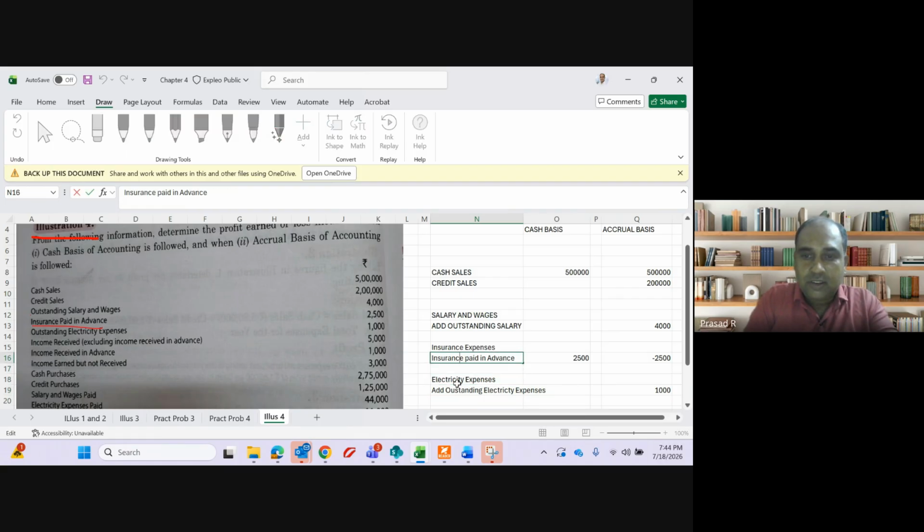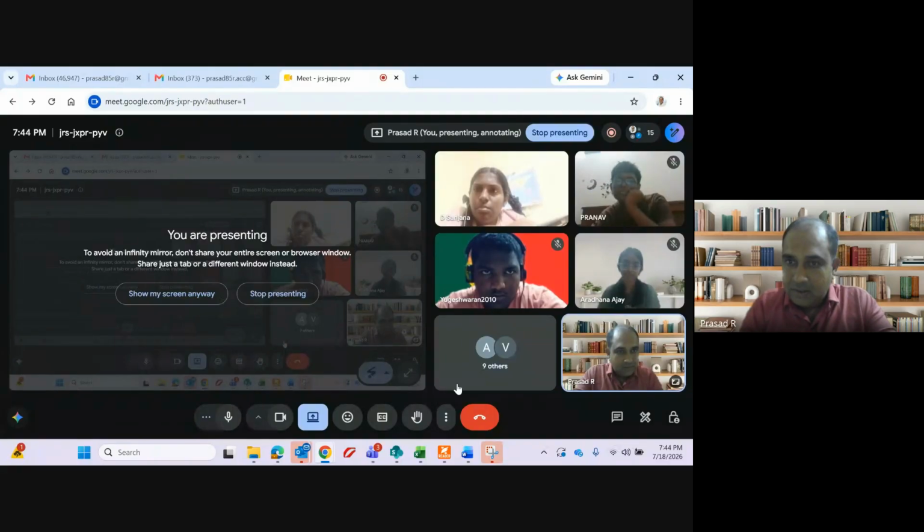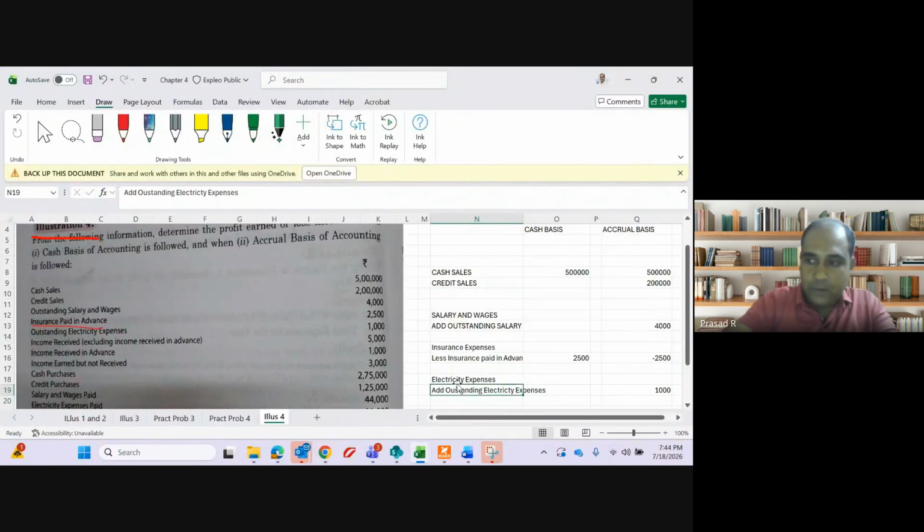We have to reduce insurance paid in advance. Here also we have to add outstanding salary. Any doubt? In cash basis, outstanding expenses will not come. Clear? Only in accrual basis it will be coming. So we have completed outstanding also.